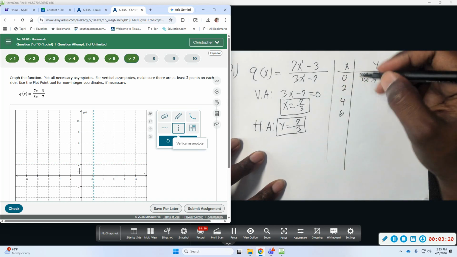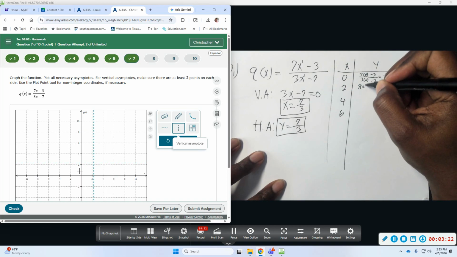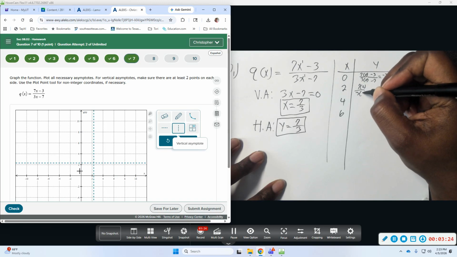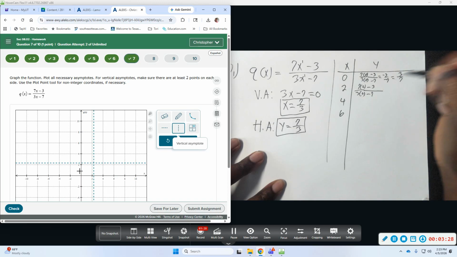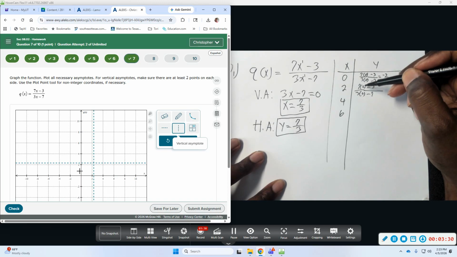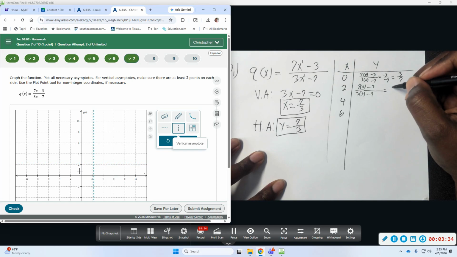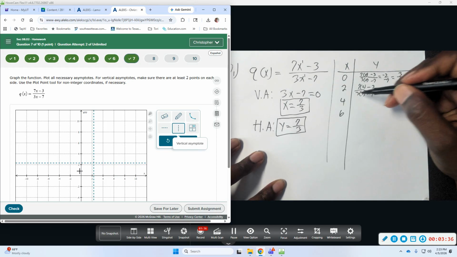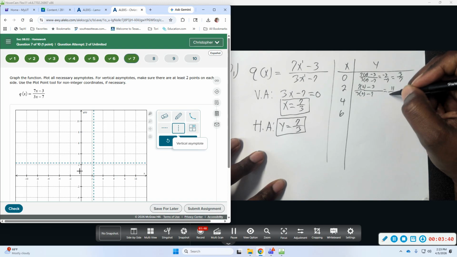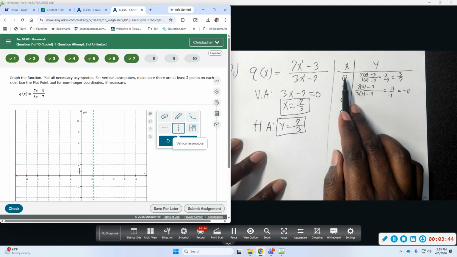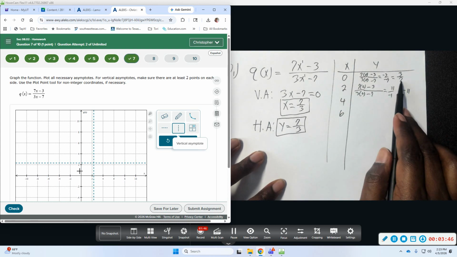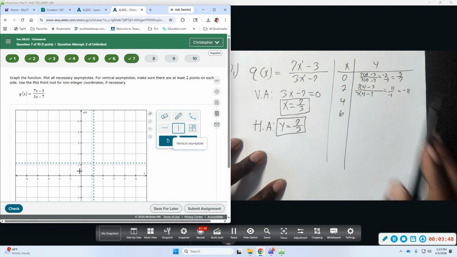When we plug in 2, seven times 2 is 14. 14 minus 3, 11, positive. 3 times 2 is 6. 6 minus 7 is going to be a negative 1. It's going to give me a negative 11. All right, so ordered pair 0, 3 over 7, positive 2, negative 11.